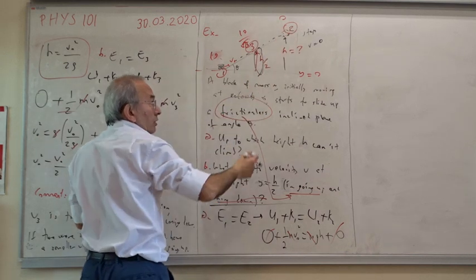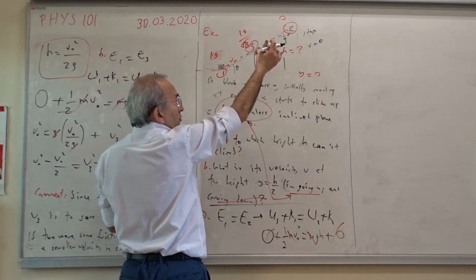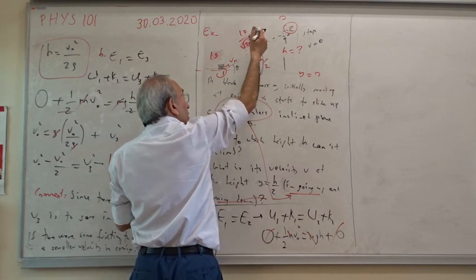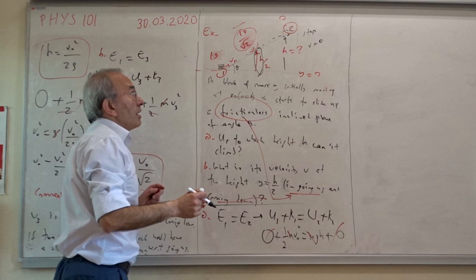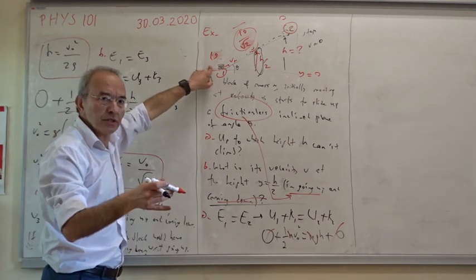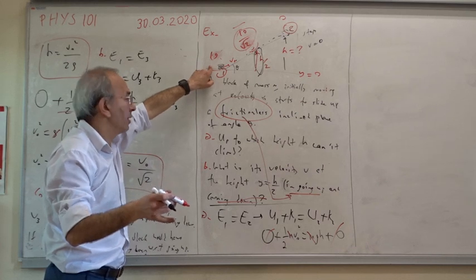When it comes to the total height h, it reaches the 0 speed. And then coming down, again it would have the same speed, 10 over root 2. And it reaches the lowest position with this initial speed, 10 meters per second.